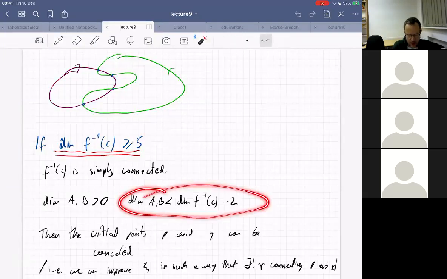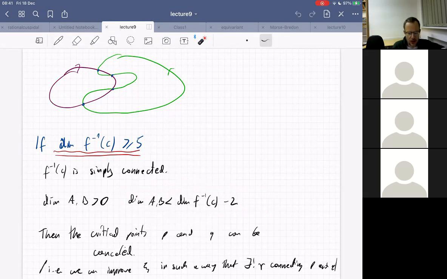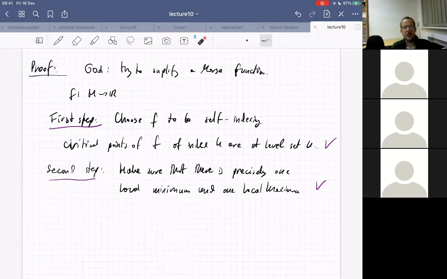This assumption was actually only for b less than f inverse of c minus 2, but okay. So this was the assumption that we couldn't use the Whitney trick to cancel critical points of index 1 and 2. And getting rid of critical points of index 1 is important because we want the level set to be simply connected.